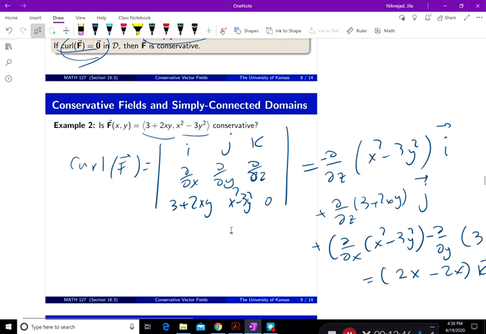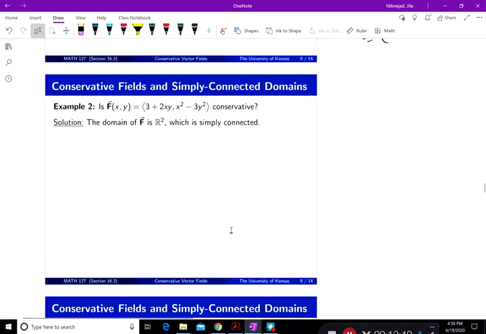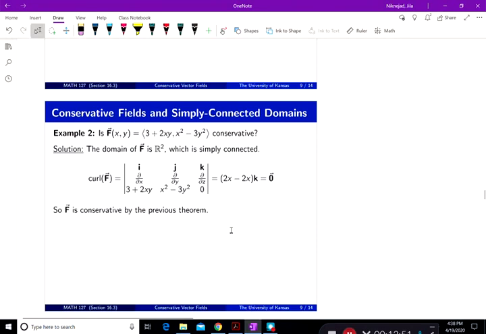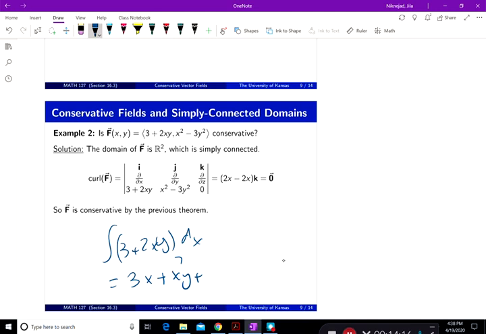You can take this further, find its potential, and then use that to compute the rest of the material. And computing potential is just going to be basically integral of 3 plus 2xy, that's with respect to x. And I get 3x plus x squared y plus whatever is left over, a function of the other variables.